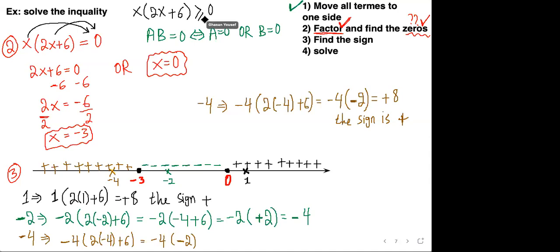So that's a false statement. So the solution is always whatever makes the statement true. Any number from negative infinity to -3 makes it a true statement, and any number from 0 to positive infinity makes it a true statement. That means any number will make it true, except any number from -3 to 0. This will never make it true.